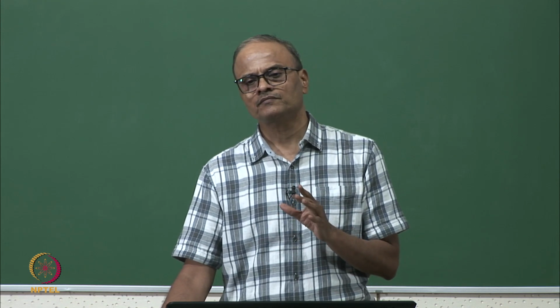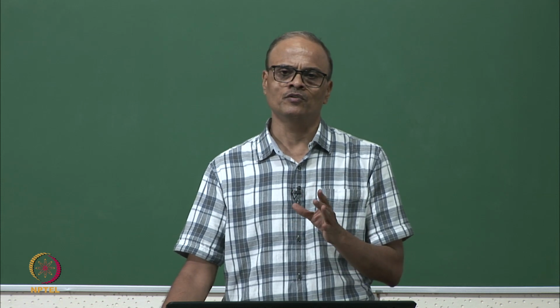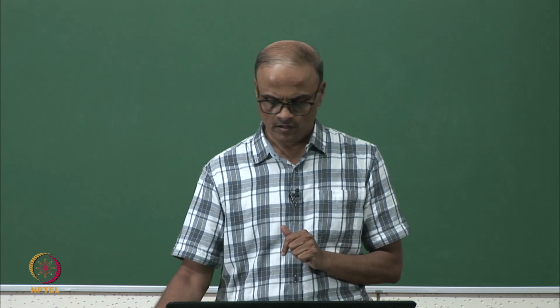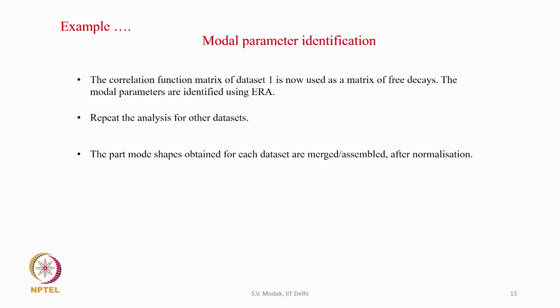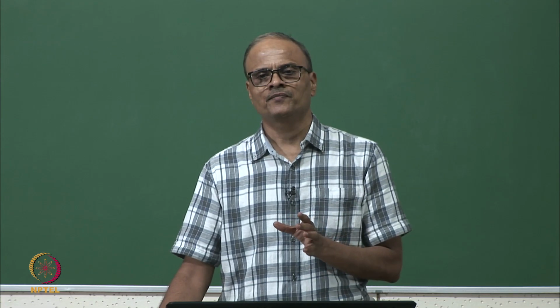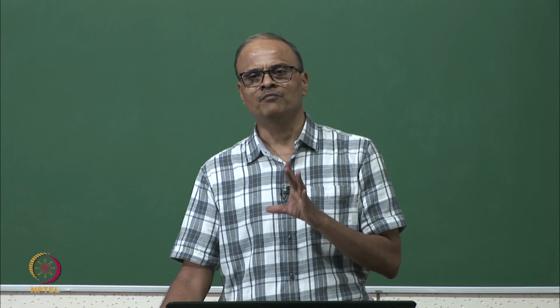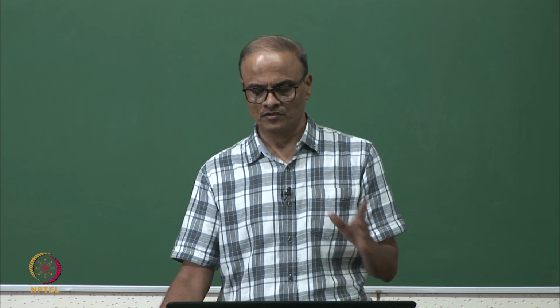Similarly, the model damping factors corresponding to different data sets are averaged to obtain the average value of the damping factor. The part mode shapes obtained for each data set are merged or assembled after normalization. Using the reference measurement in each data set, the normalization of the mode shape element is done and then the mode shapes are assembled. That gives the complete mode shape corresponding to all the test points.